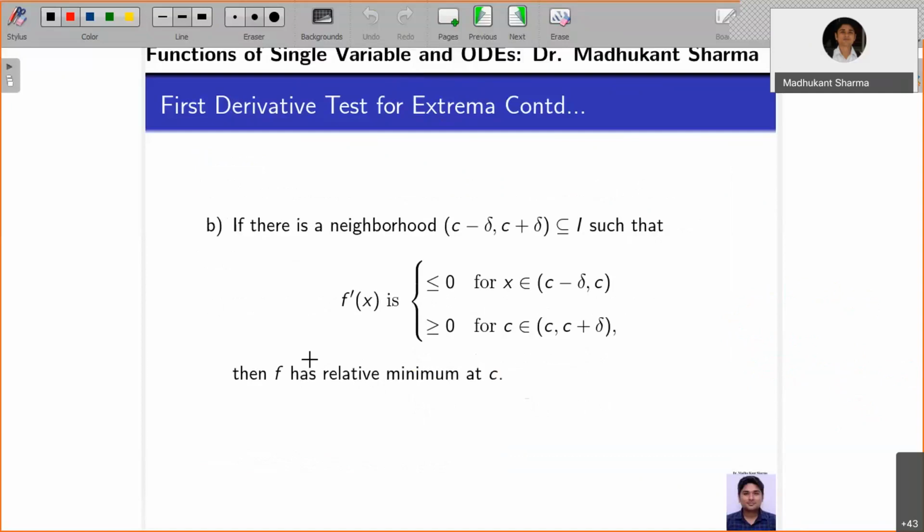Also you can use the fact that if the derivative is greater than or equal to 0, then the behavior is increasing over this interval, and decreasing over the other interval. I'm skipping the proof for this case. There's no need for this.